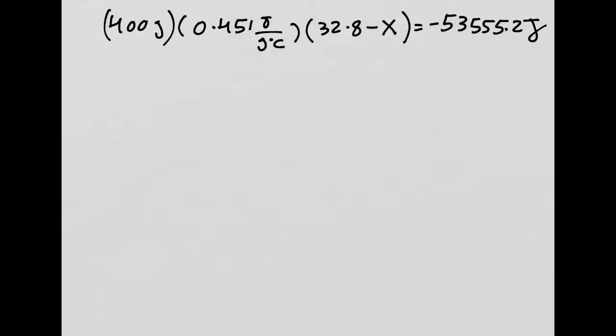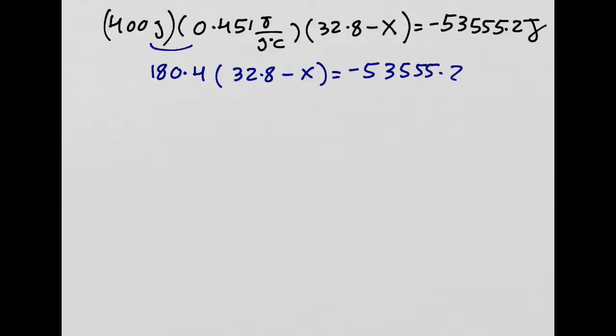There are many ways to do the algebra. What I'm going to do is multiply this together. I get 180.4 times (32.8 minus X) equals minus 53,555.2 joules of energy.